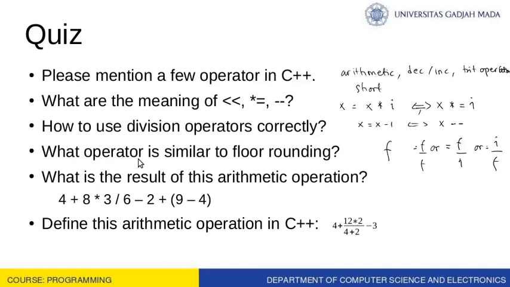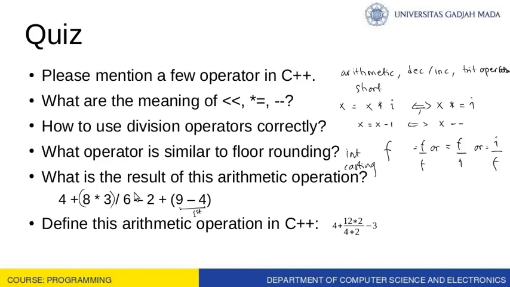And then what operator is similar to floor rounding? This is integer casting. What is the result of this arithmetic operation? So you have to look for the first operator or the priority. So this will be the first priority. C++ will do this operation first, and then this one.